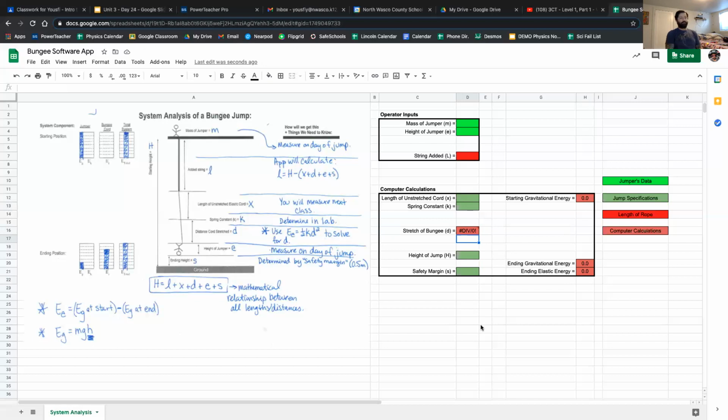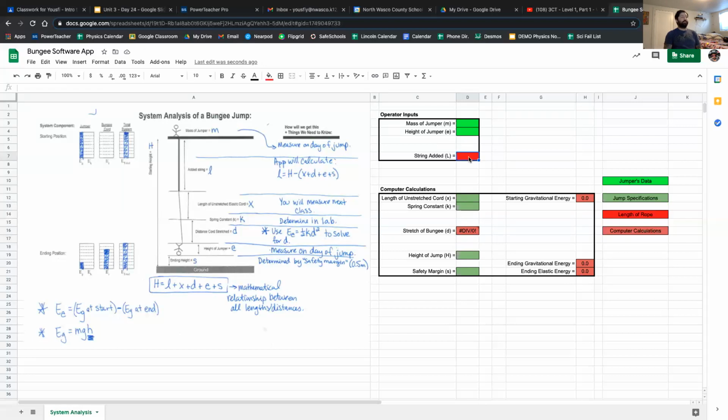Okay. And now that you have the distance stretched, and we know that to find the length of the rope, we just take our height and minus all of our other lengths going down.